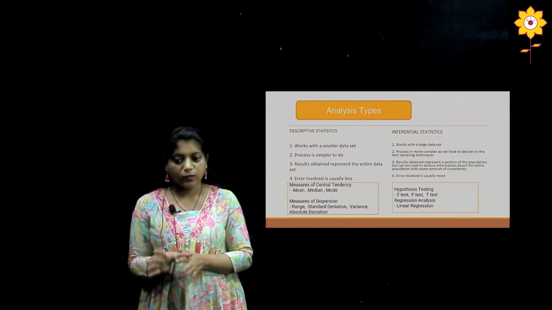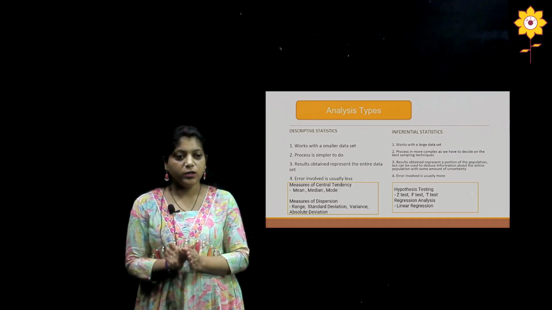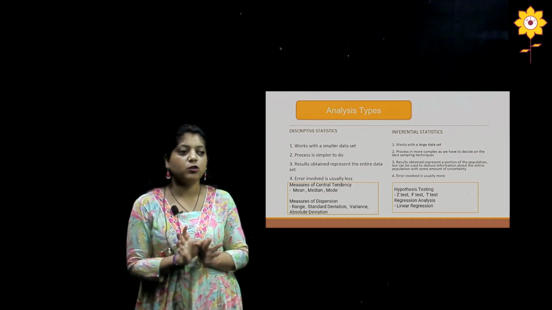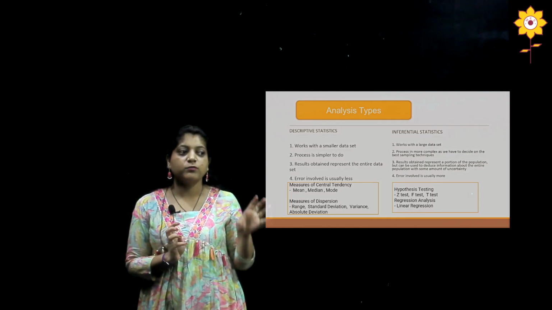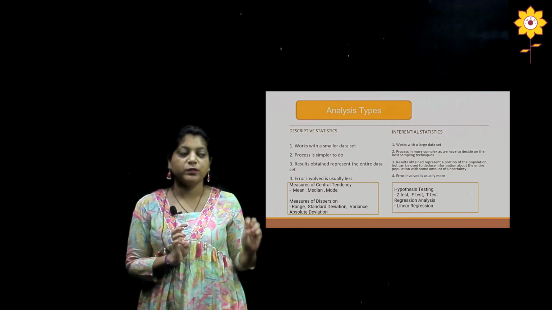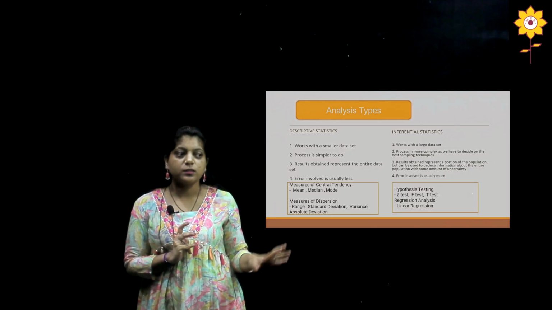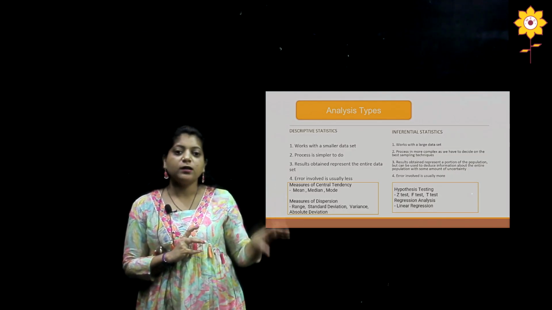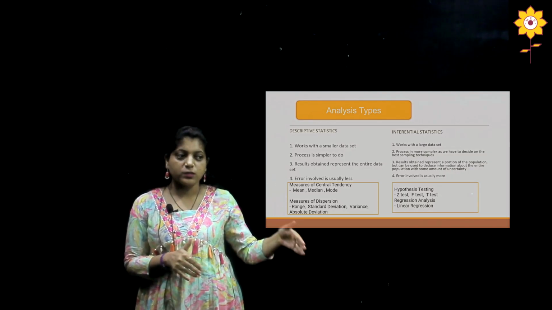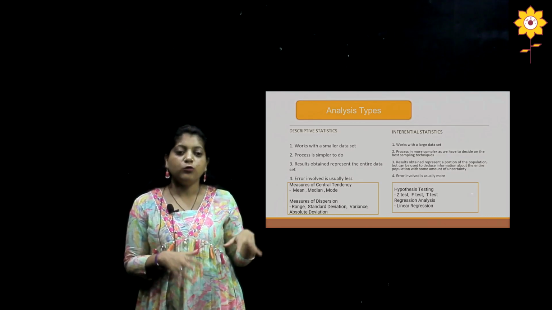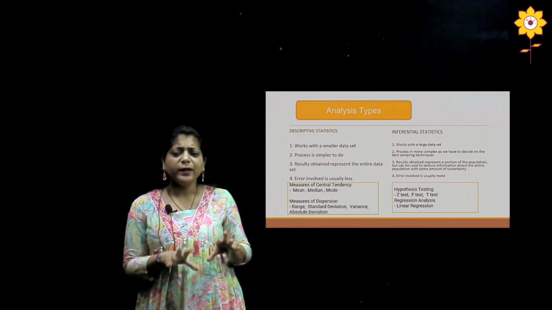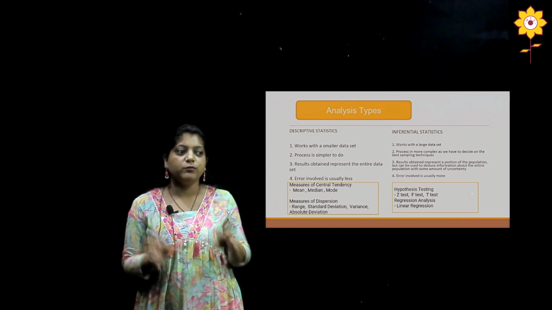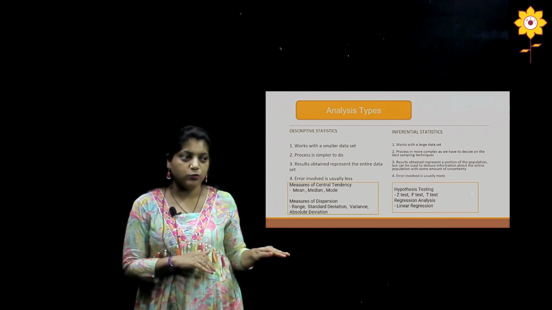In descriptive statistics, your calculation or decisions are based on only a single parameter, whereas with inferential statistics we consider multiple features, and we find out how your dependent variable is related to your independent variables.